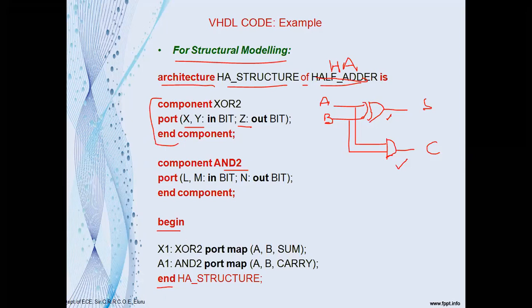Whereas the real statements, concurrent statements or sequential statements, whatever they may be, will be declared between the keywords begin and end. So this part is called the statement part.